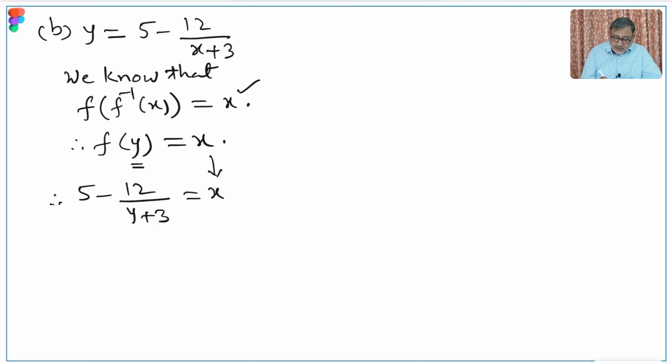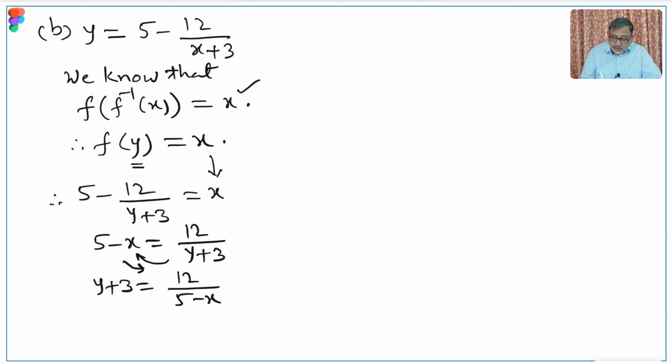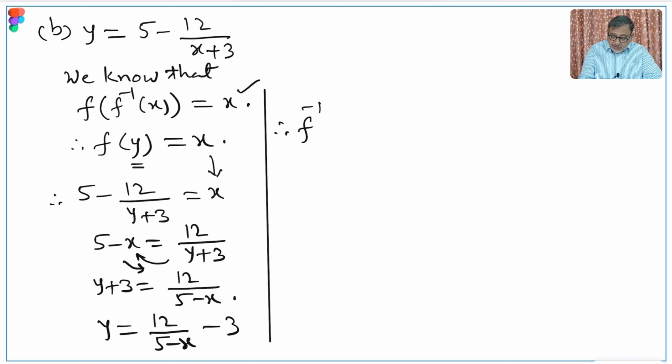This x remains x. Now we will simplify and make y the subject. So 5 minus x will be 12 over y plus 3. Now take this there, bring the whole of it here. So y plus 3 is 12 over 5 minus x. So y will be 12 over 5 minus x, minus 3. This is the value of y. Therefore f inverse of x will be 12 over 5 minus x, minus 3.